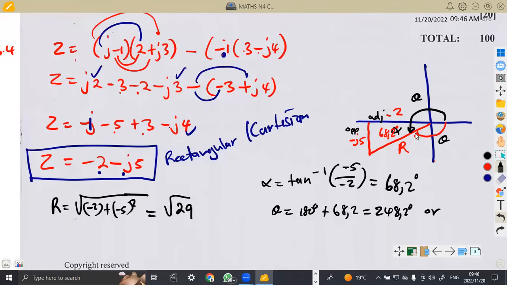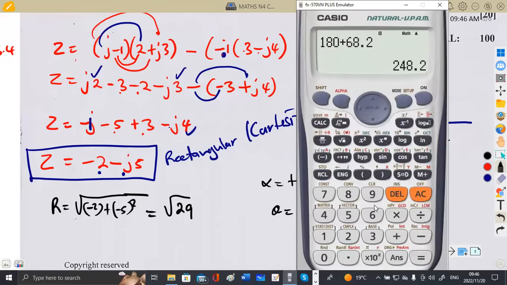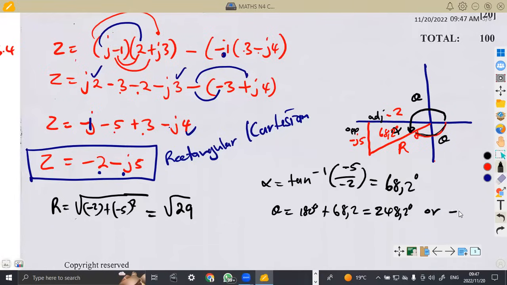Or you can use this other one here, which is 68.2 minus 180, which is going to be -111.8. So you choose which one of these to use. Mostly you're supposed to use the one that is less than 180, but you can even use this one, it is fine.